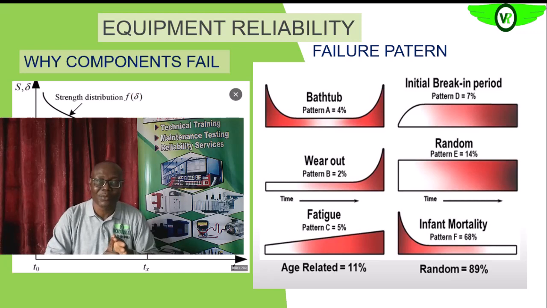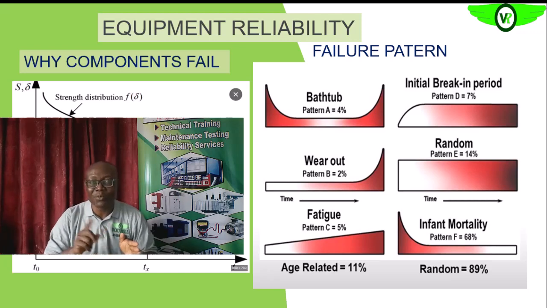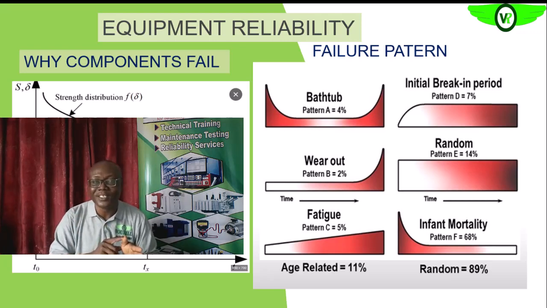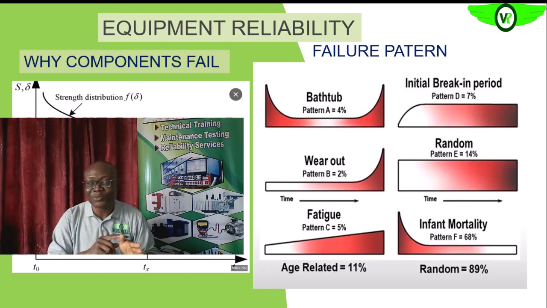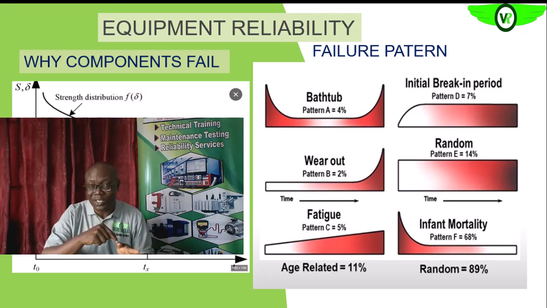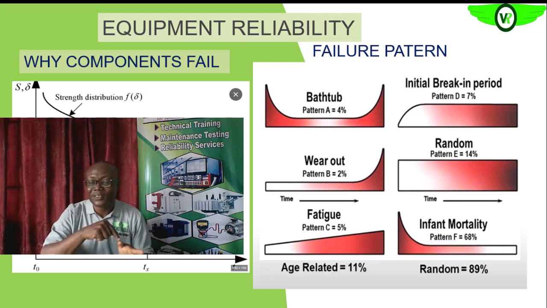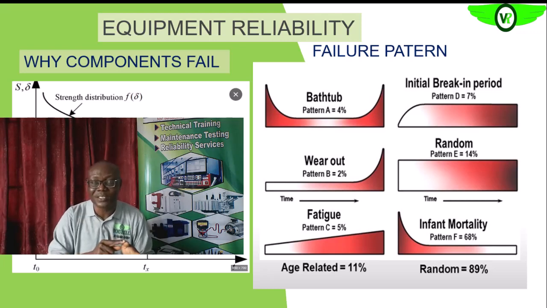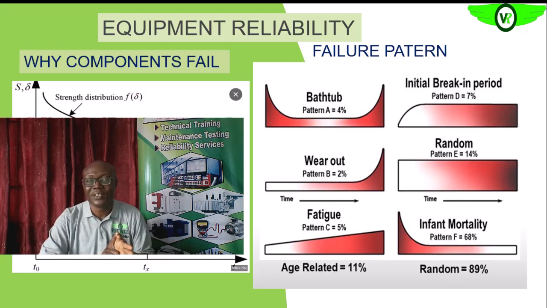Are we getting it? Once that heat is more than what the insulation covering that conductor is designed for, that insulation will fail. Even the conductor itself, if it is subjected to current that is more than its carrying capacity, it can fuse because of that heat, can melt and break.